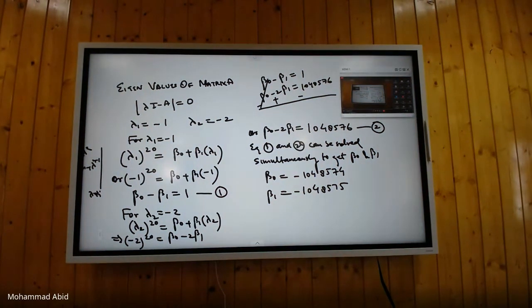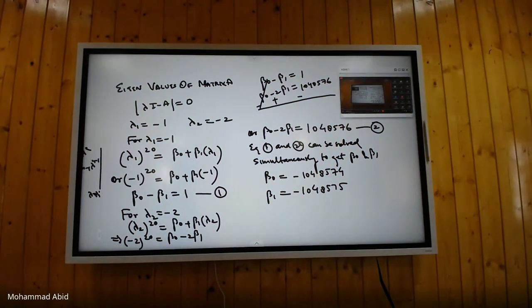Have I done it correctly? Is that okay? Did you all fall asleep? Yes sir, it is correct. Okay, this is beta naught and beta 1. So we have evaluated beta naught and beta 1.